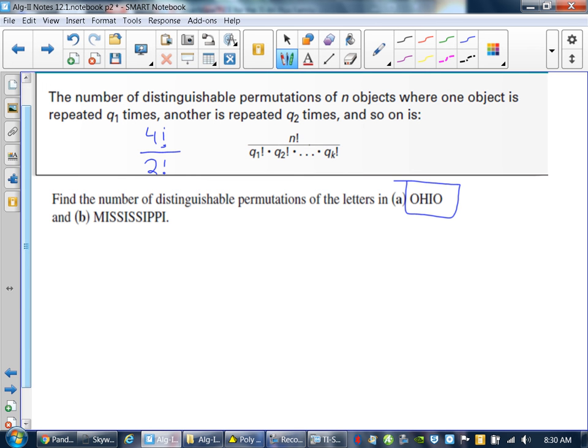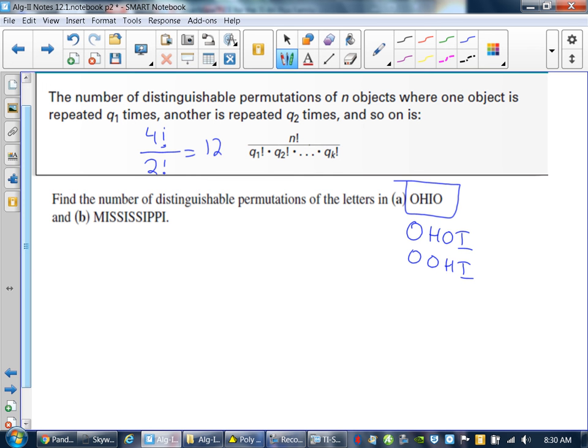Which means, how many different patterns could I create out of the word Ohio? Well, it'd be 4 factorial divided by 2 factorial, or 12. There would be 12 different ways that I can write out the word Ohio. Now, it doesn't mean it has to spell anything. This is telling you how many different ways you can arrange the letters.